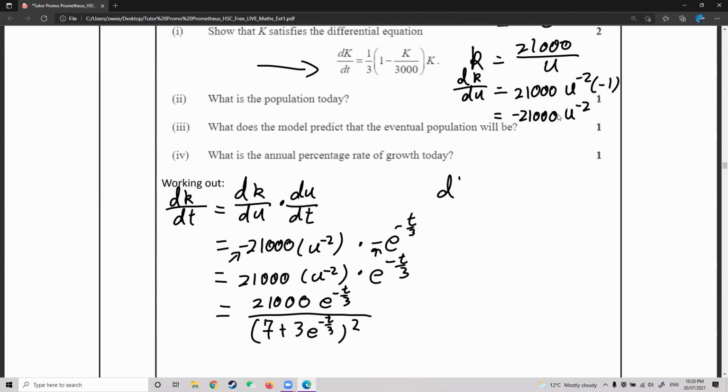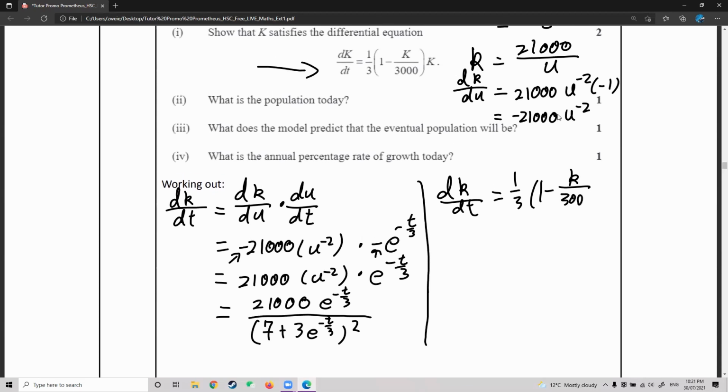Over here, you should start on a new line. dk on dt is equal to 1 on 3, 1 minus k on 3000, times k.